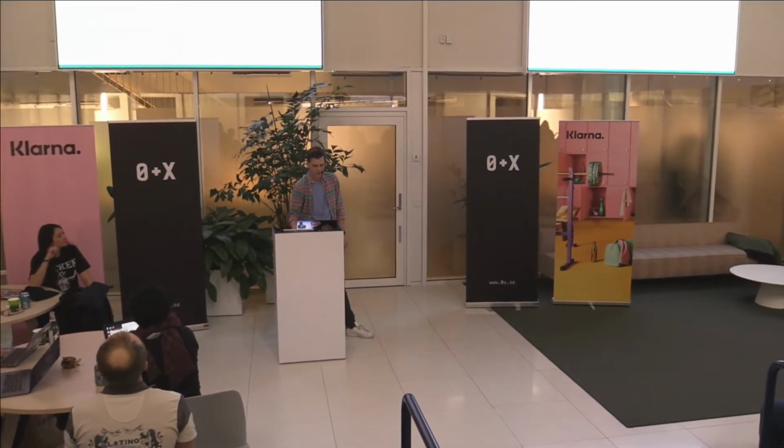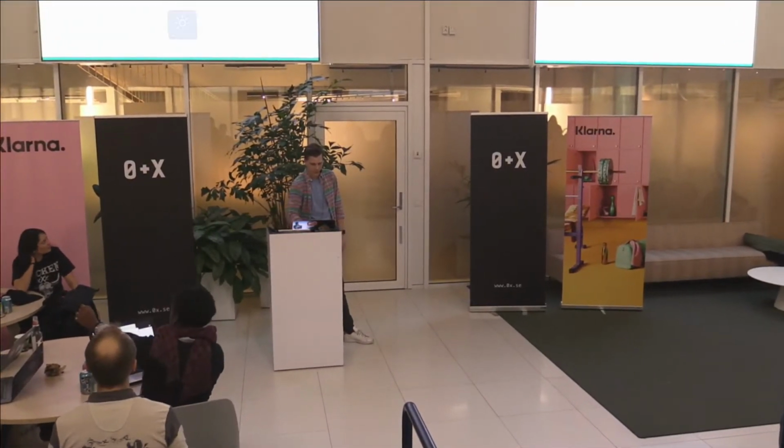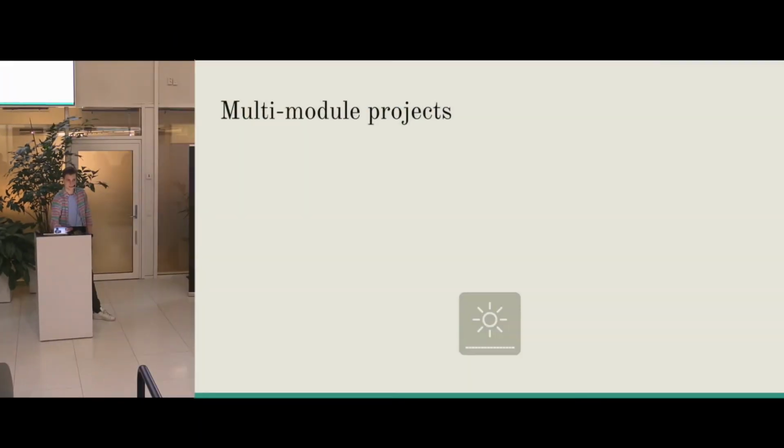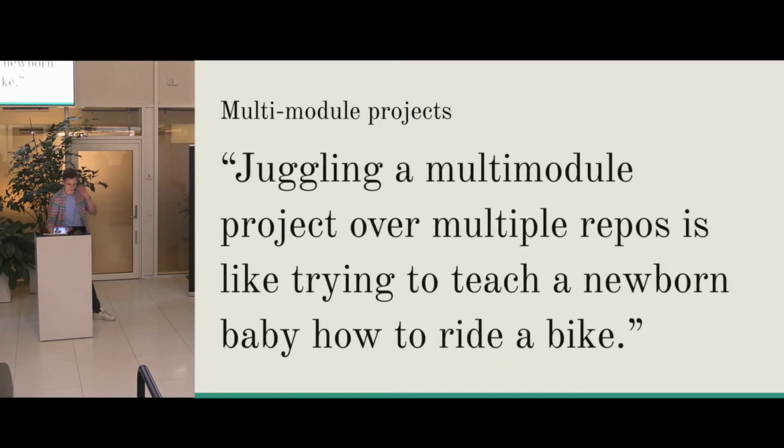I'm going to talk briefly about multi-module projects. Does anyone know what that is? You can call them monorepos. So this is a quote found on the interwebs. Does anyone recognize this? It's from a small library.